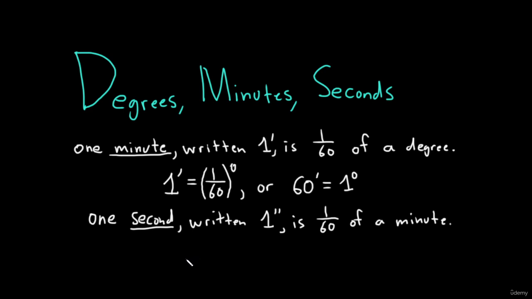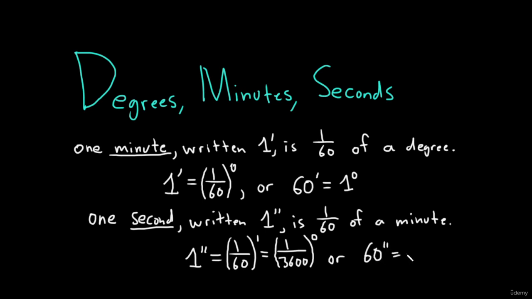So you could say that 1 second is equal to 1/60th of a minute, which is equal to 1/3600th of a degree. This is important because we're going to use this in one of the examples we do. So 1 second is 1/3600th of a degree. That's very, very small. Or you could say that 60 seconds is equal to a minute.